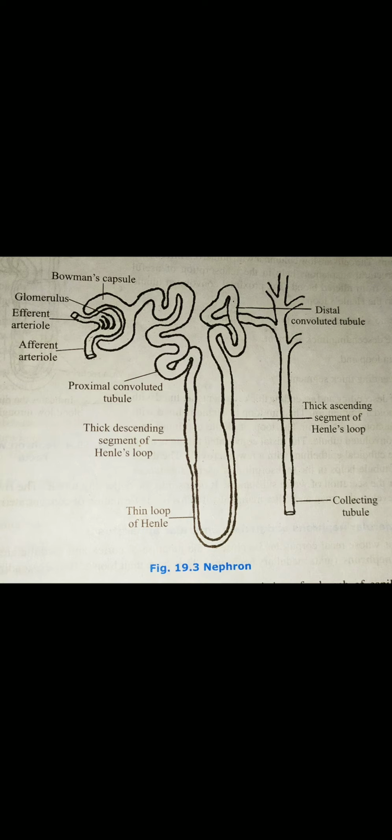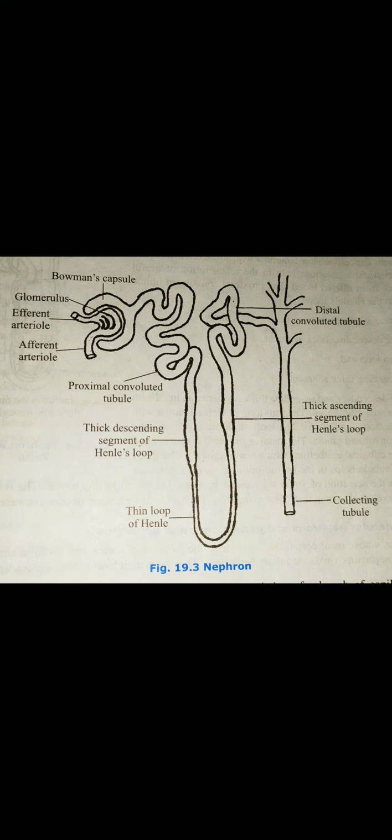When we see the structure of nephron, as nephron helps in elimination of unwanted substances, mainly the nitrogenous waste in the form of urine, this nephron is known as the structural and functional unit of kidney or filtration unit of kidney.